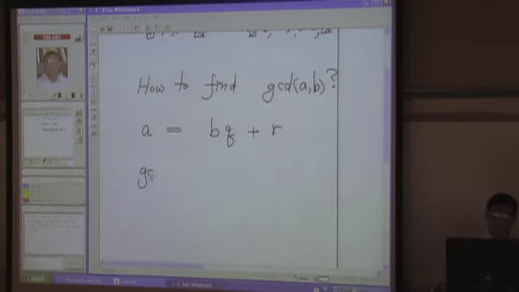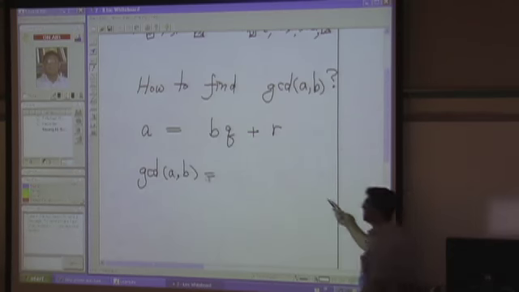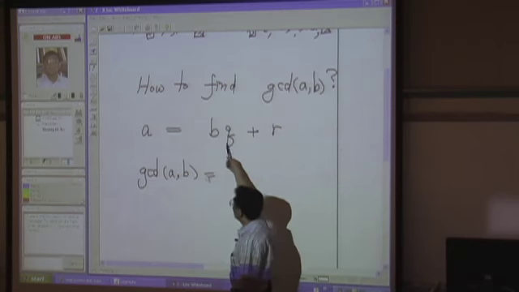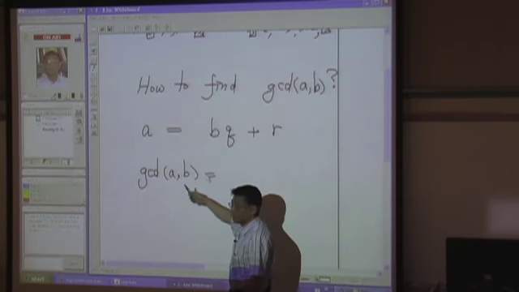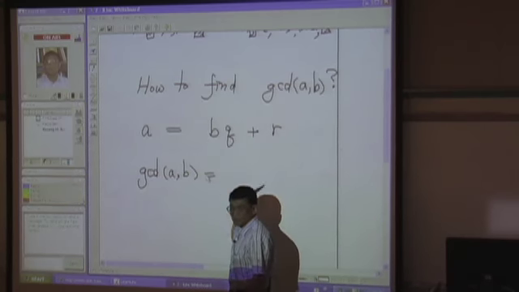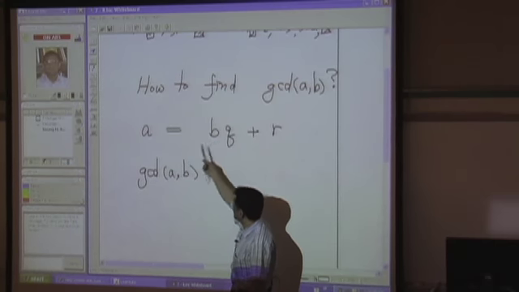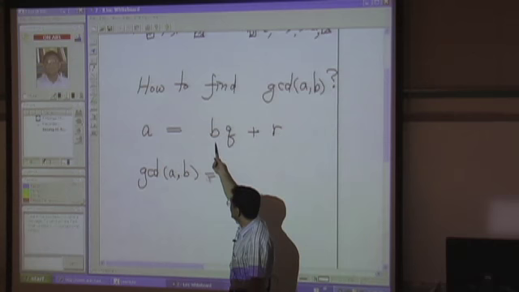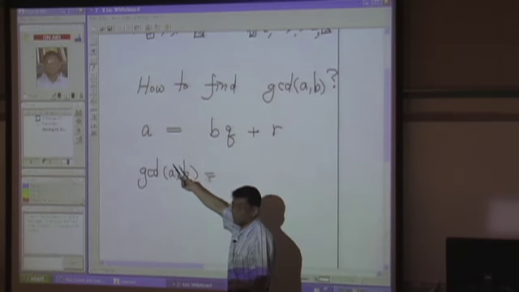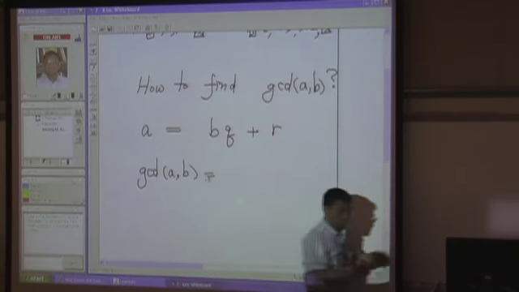The GCD of A and B is the one that you want to find. Then, why do we care about this kind of thing? Because of the theorem that I will write down here.